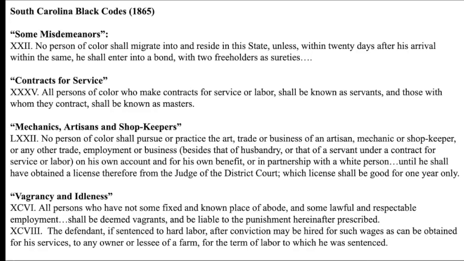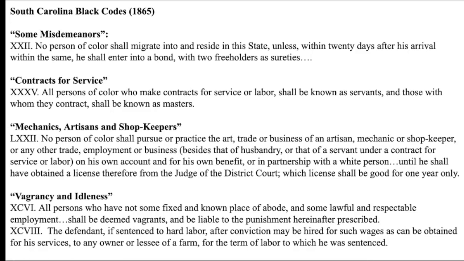Vagrancy and idleness. This is 96. All persons who have not some fixed and known place of abode and some lawful and respectable employment shall be deemed vagrants and be liable to the punishment hereinafter described. And that punishment is described in number 98.